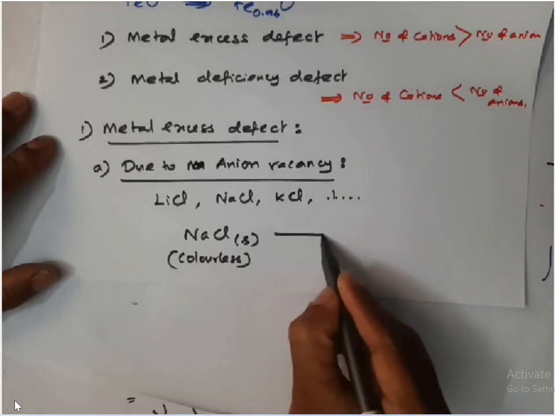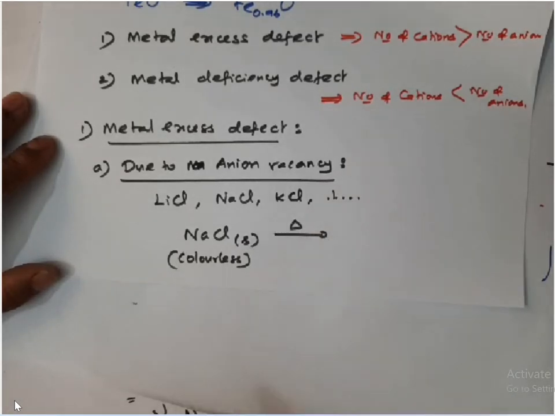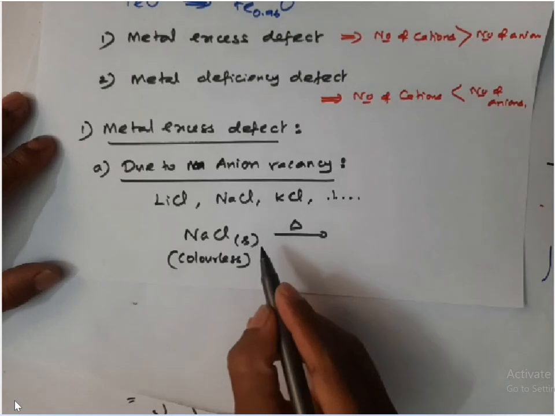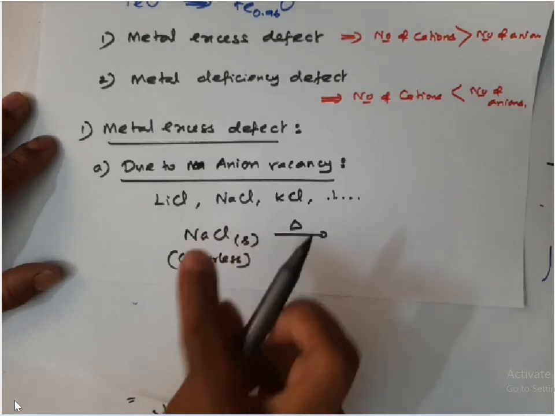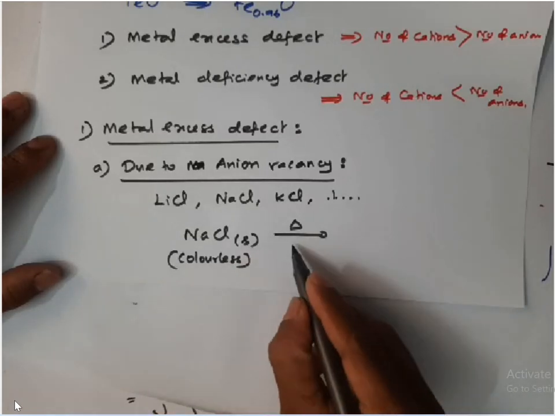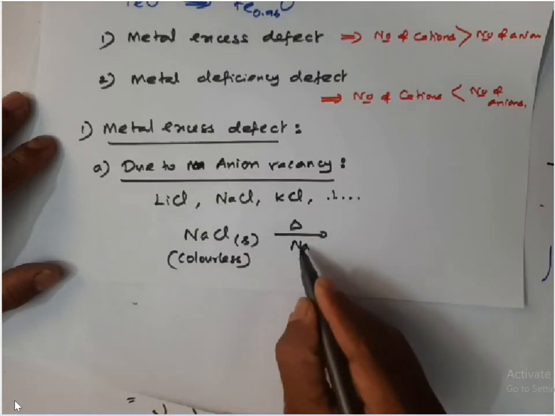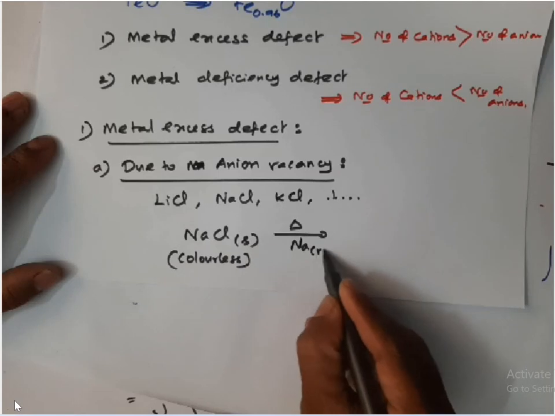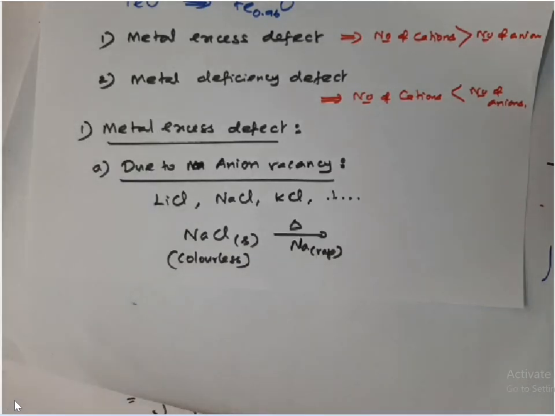Good. Now what I am going to do, you take sodium chloride solid which is colorless. I am going to heat this solid in the presence of some alkali metal vapor. So you take sodium, potassium or any alkali metal and make it into the vapor state. Take the sodium chloride crystal and fill up the remaining portion with sodium metal vapor, then heat it.